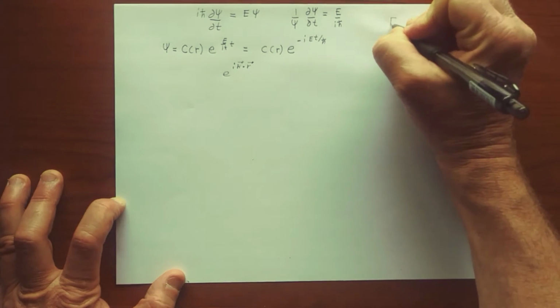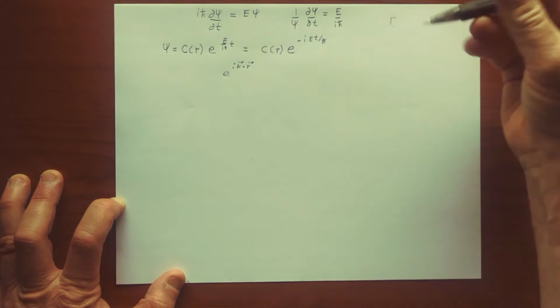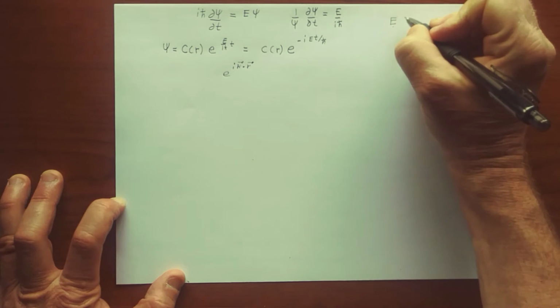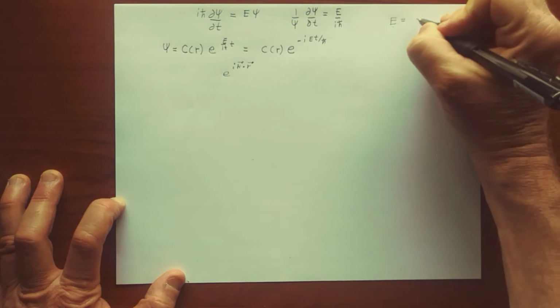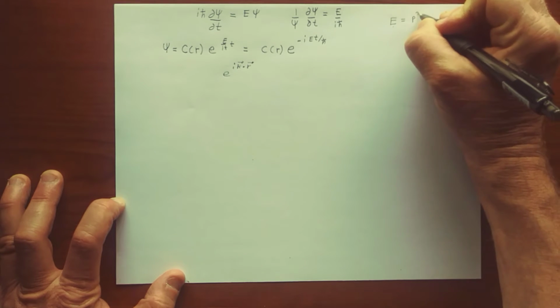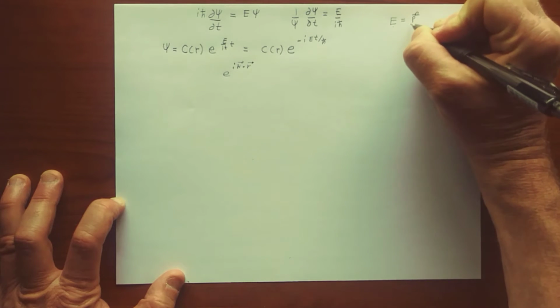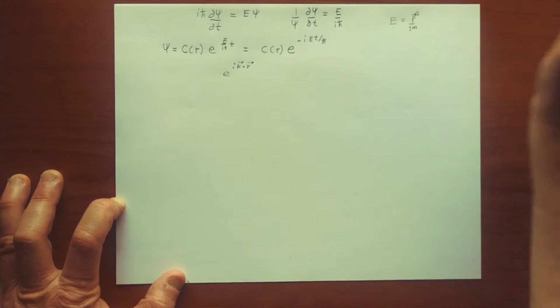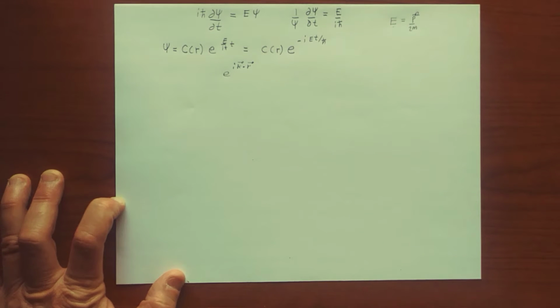We know that this number, the energy, is kinetic plus potential. And so if we're just thinking of a particle that is not acted on by any forces, there's no potential part.